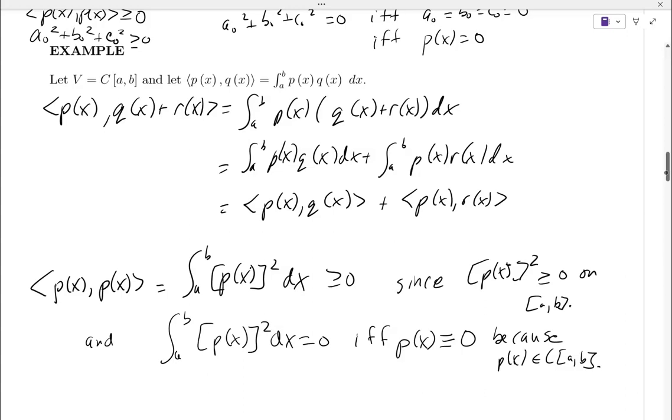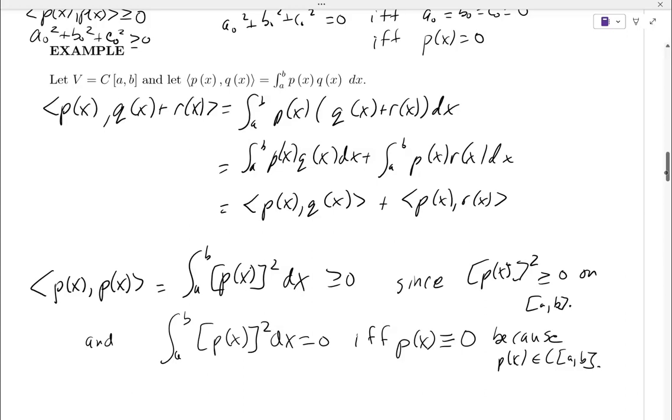Okay. What this tells me is that I now have a vector space of continuous functions on the interval from a to b that I can define an inner product on. However, if I just said all possible functions on the interval from a to b, I couldn't define an inner product on it this way.